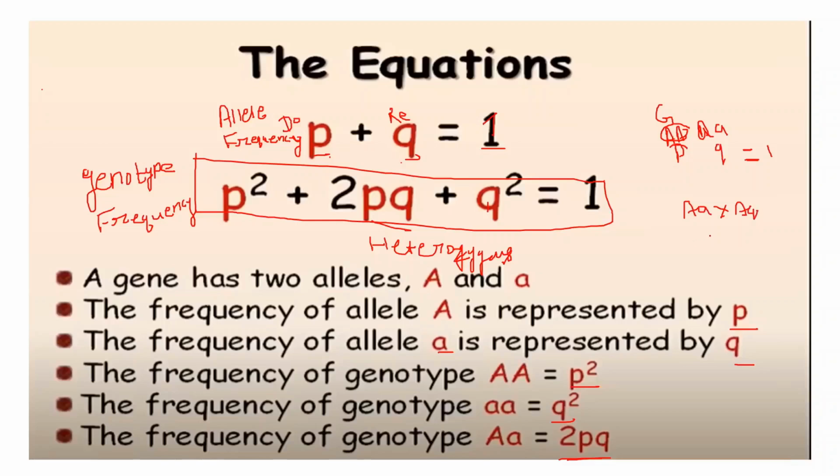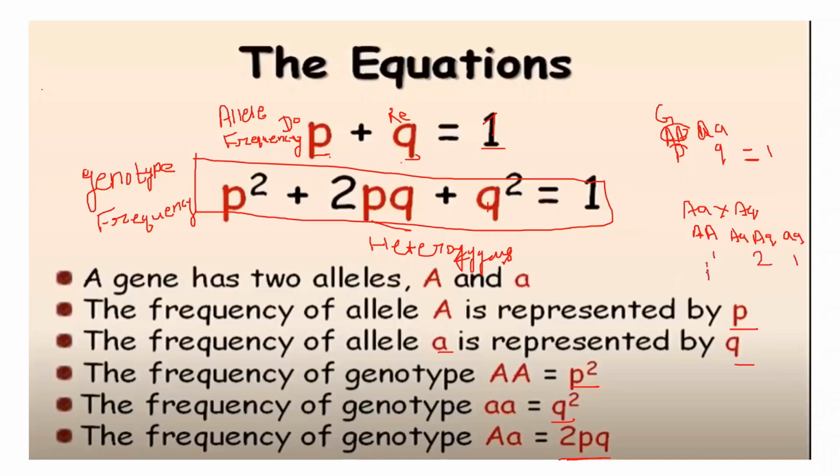you get this kind of offspring. So this is 1, this is 2, and this is 1.